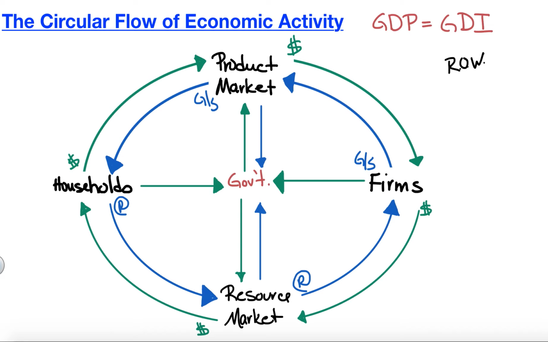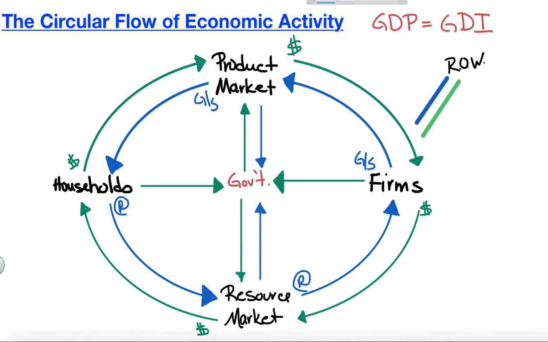Well, one thing that we do is we take products from the United States, we produce them in the United States, and we sell them to the rest of the world. Okay, and when we sell them to the rest of the world, we get their money coming into our circular flow model.